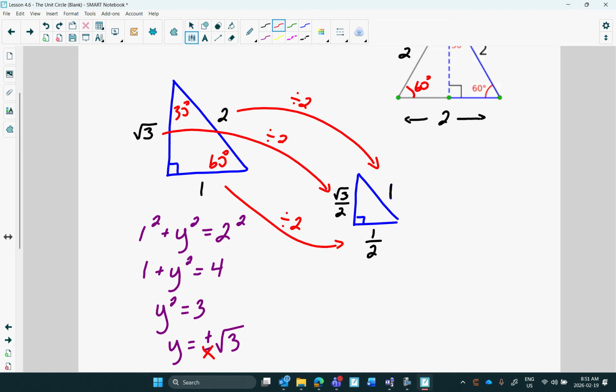So when we have what we call a 30, 60, 90 triangle, because those are the three angles. So when we have a 30, 60, 90 right triangle and the hypotenuse is 1, this long side must be root 3 over 2, and this short side must be 1/2. Okay. Now we're going to take this and put it into the unit circle.